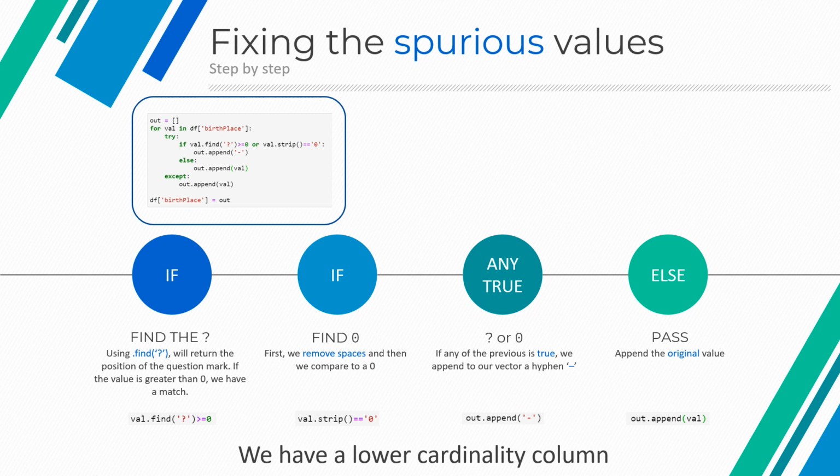If we find any of the previous, we add a hyphen to the out vector. If Python is not able to find either the question mark or the zero, we just append the original value. At the end of the code, we just fully replace the original column with the out vector. And now we have a lower cardinality column, and better, we have fixed the invalid input in our dataset.